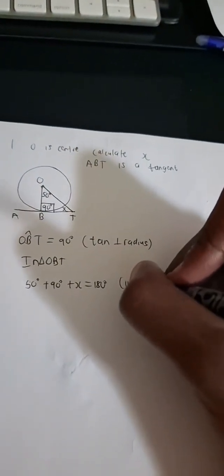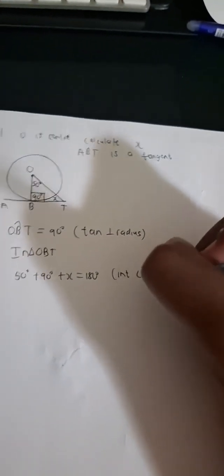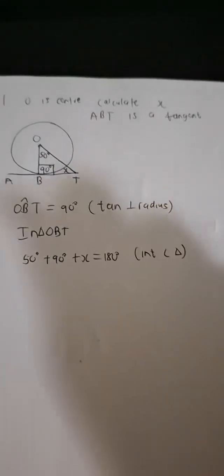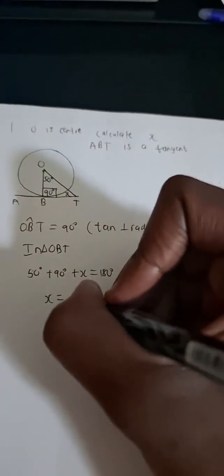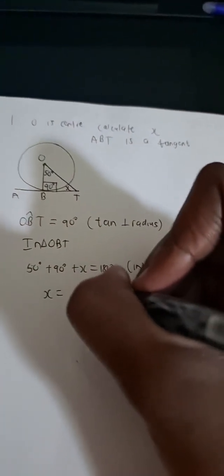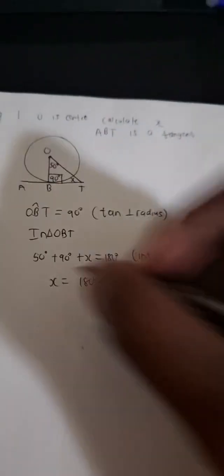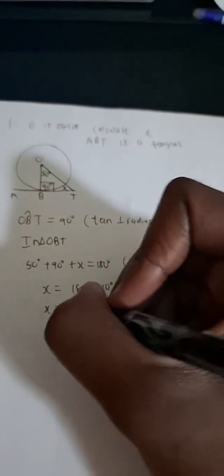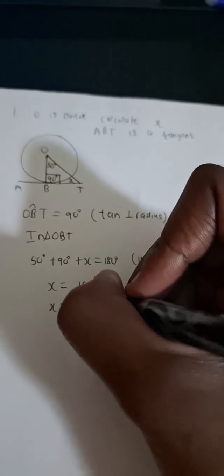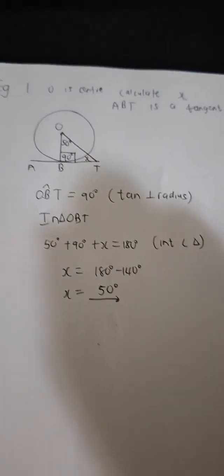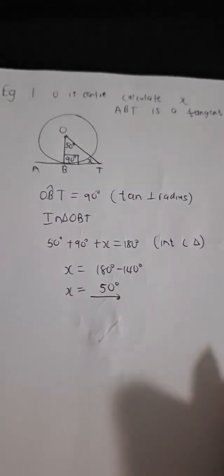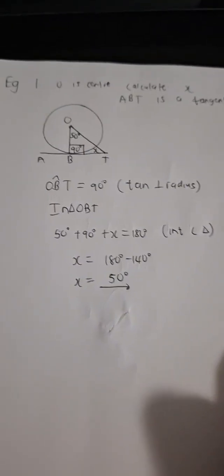And we know that we can use a variety of reasons: sum of angles in a triangle, interior angles of a triangle, and so it goes. So X is equal to 180 minus 140 degrees, which basically means X is equal to 40 degrees. All right, so that's the value of X, done and dusted.